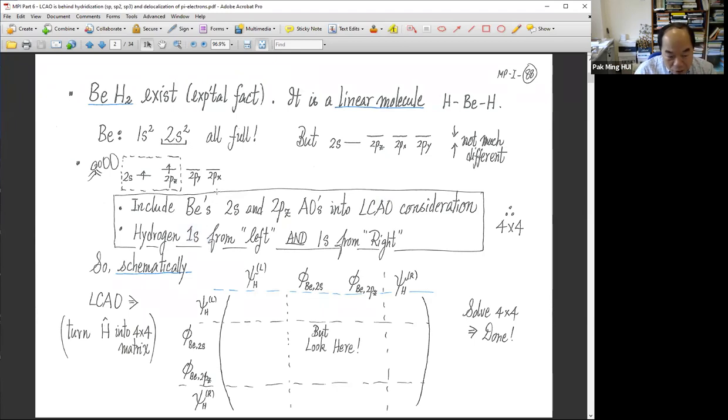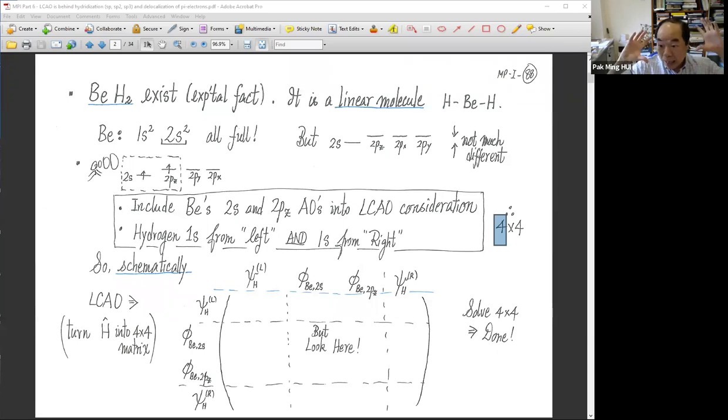We have 2 AOs from beryllium, 1 from left hydrogen, 1 from right hydrogen. Altogether, we have 4 atomic orbitals to start our linear combination. So we are linear combining 4 AOs. Follow me? 2 from beryllium.